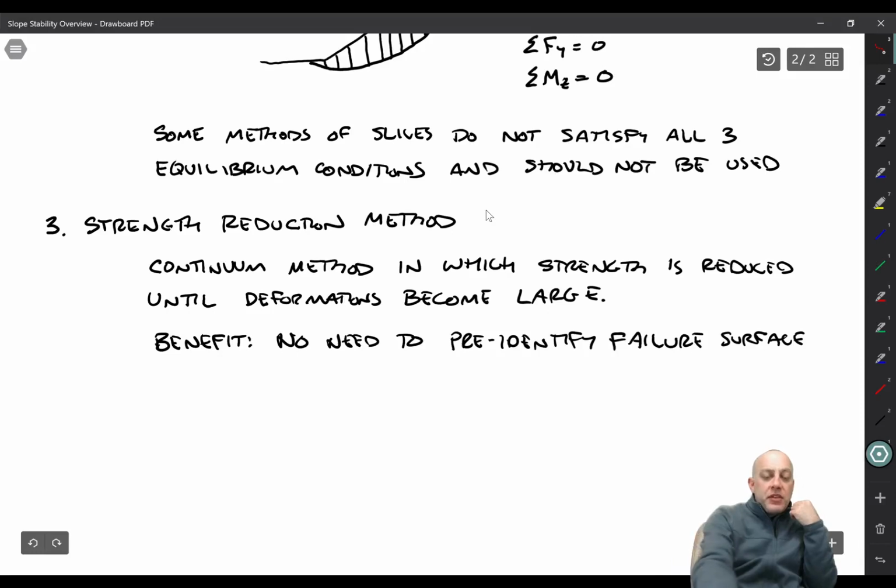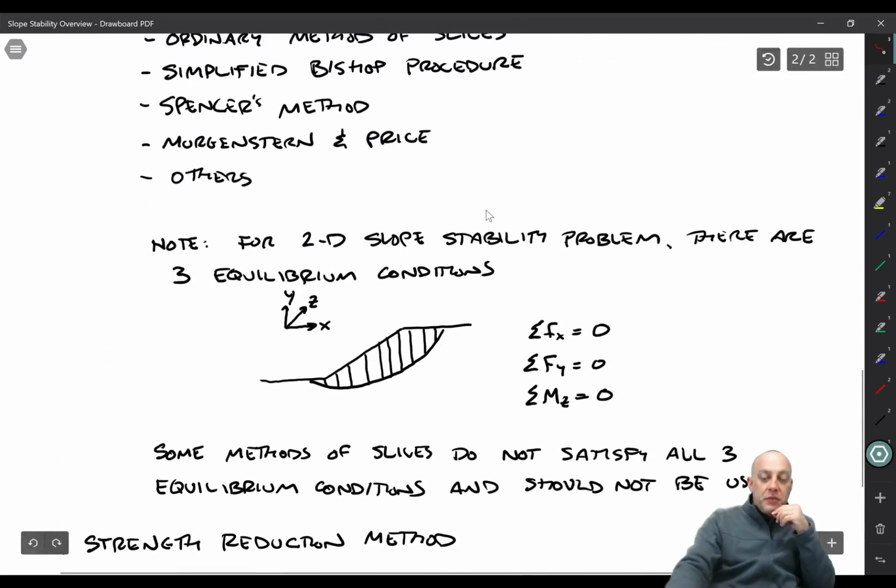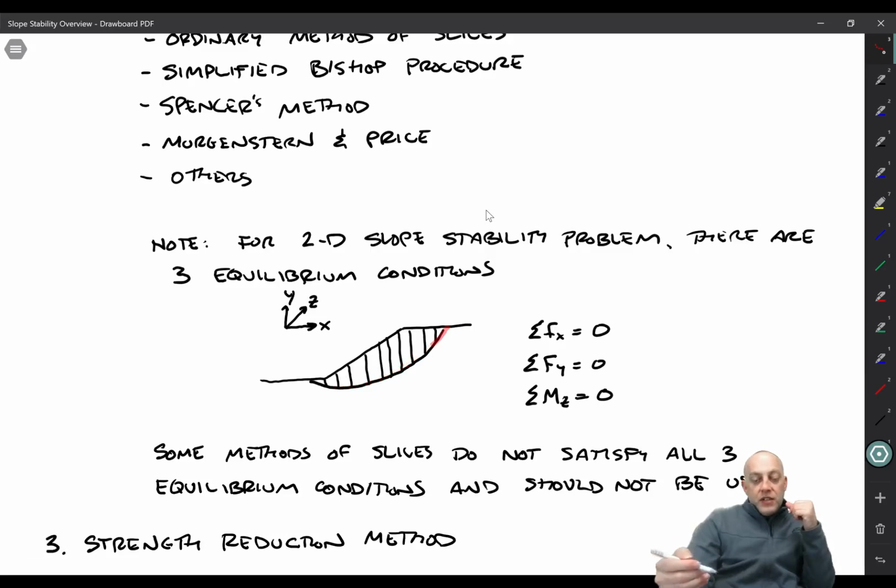Okay, then the last method is the strength reduction method. One of the problems with limit equilibrium methods is that in order to divide the slope into a whole bunch of vertical slices, you have to assume that there's a failure surface. So first, maybe we draw a circle and say this slope is going to fail along this circular arc.